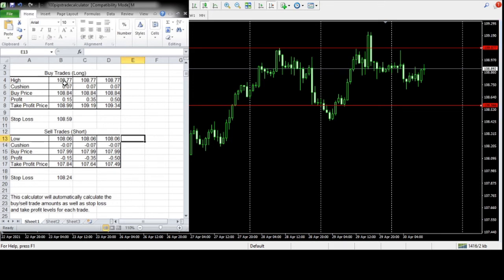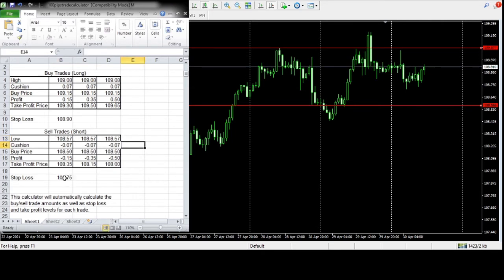109.077. You can see it has filled it up, and this is the stop loss for them. TP1, TP2, TP3. Then 108.566.